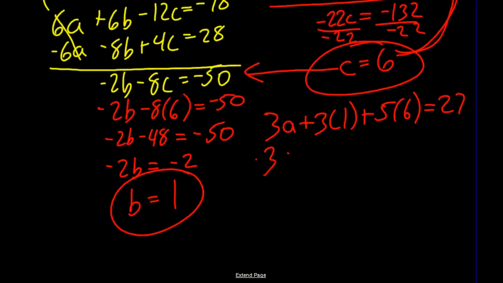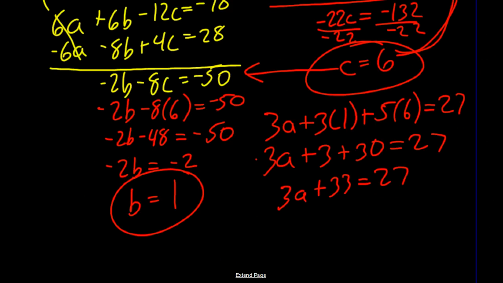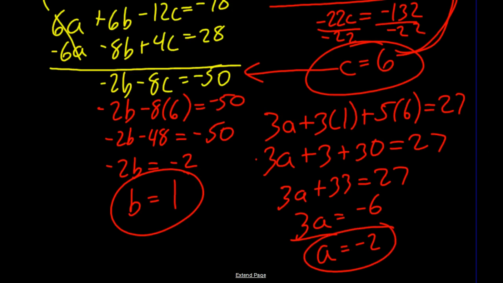We can solve that with simple algebra. 3a plus 33 equals 27. 3a equals negative 6. Divide by 3. A is negative 2. So what that means is, in a three-dimensional graphing setting, we would have an intersection here at the point negative 2, 1, 6.